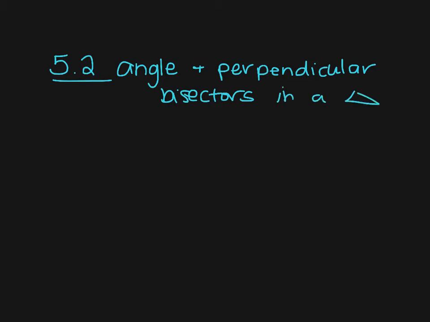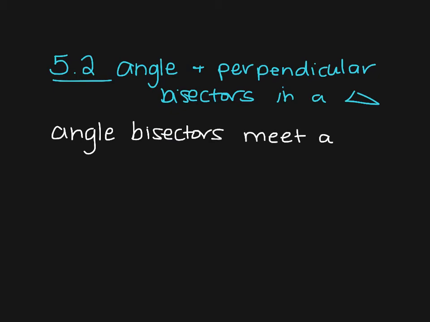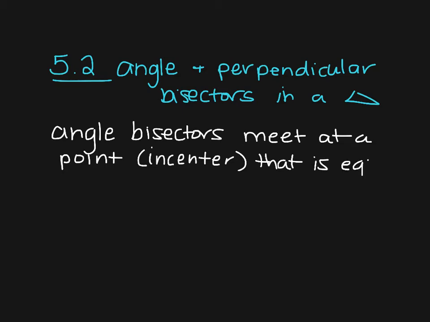And this time we said that the angle bisectors meet at a point, which is the incenter, that is equidistant from the sides.